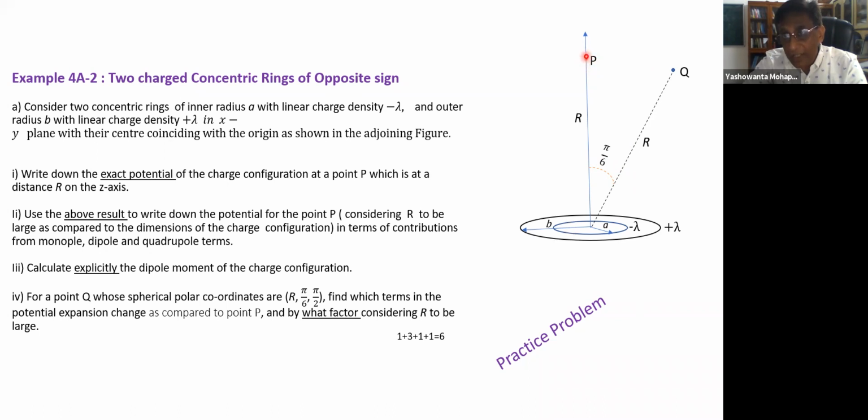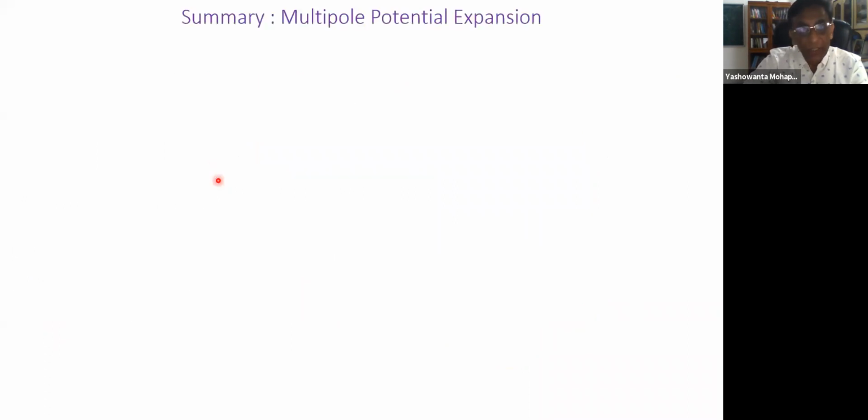How does the potential or the field here change if my field point goes 30 degrees off axis? I also wanted to give you this because this is how a typical problem in the subjective test reads. This was exactly for 6 marks, with various parts. So please try and do that. I'll not solve it here.